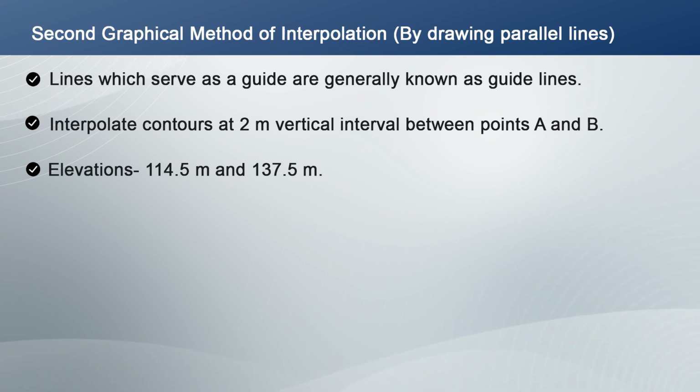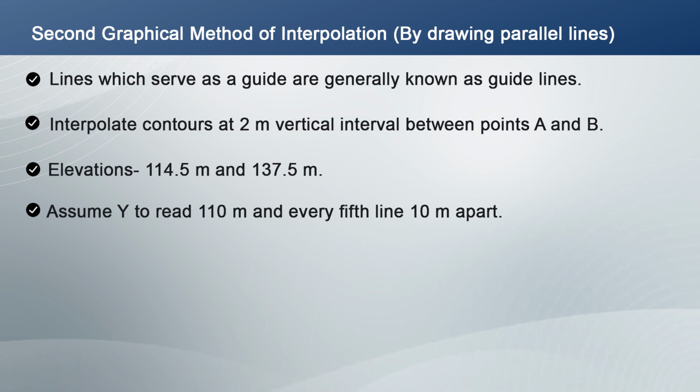Let us assume that we have to interpolate contours at 2 meter vertical interval between points A and B, whose elevations are 114.5 meter and 137.5 meter.